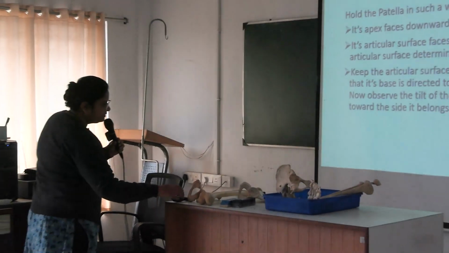Patella is done. I am only discussing the anatomical position. So this is patella. You can see one surface is rough and convex, another surface is smooth. Rough surface you place anteriorly, smooth surface posteriorly. Below this smooth surface there is a rough area.